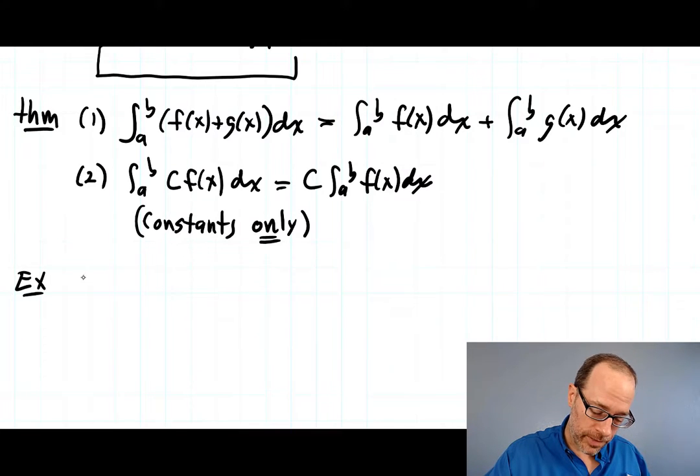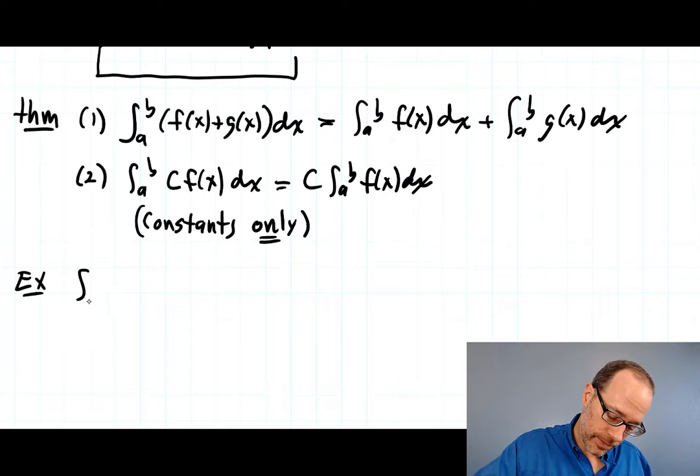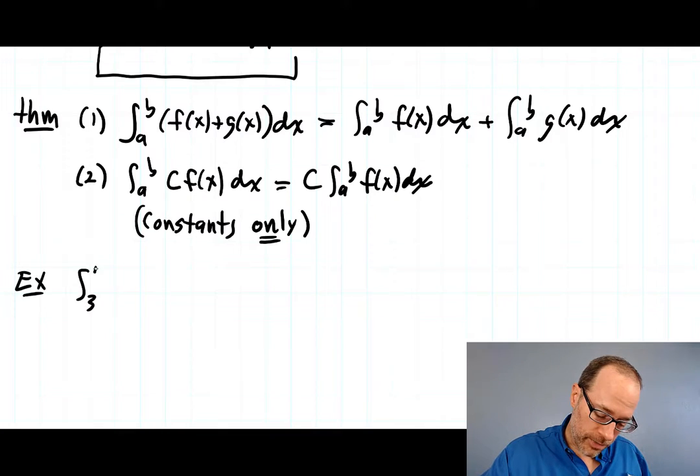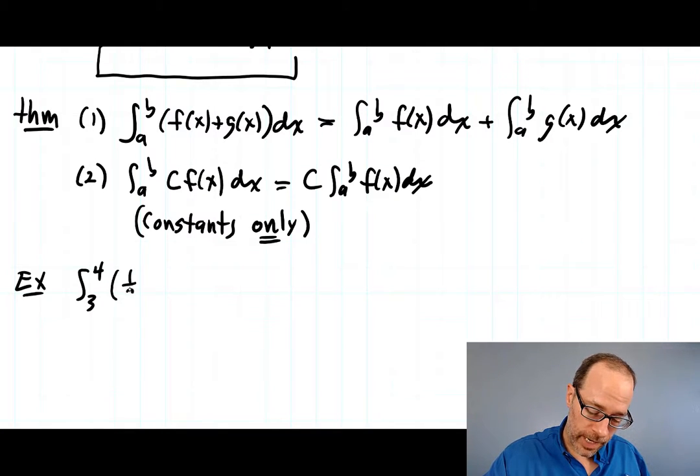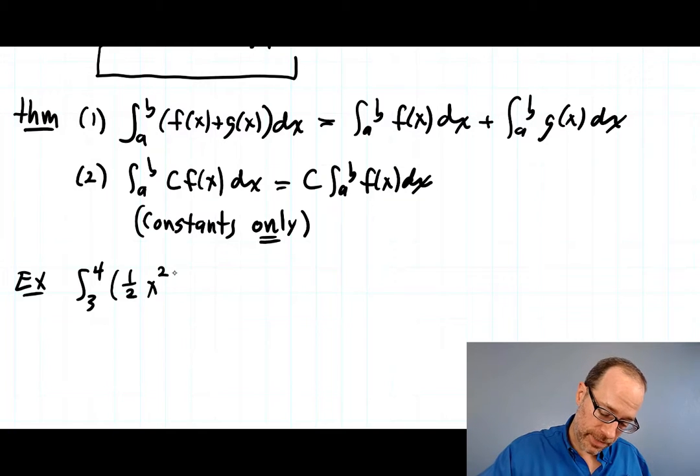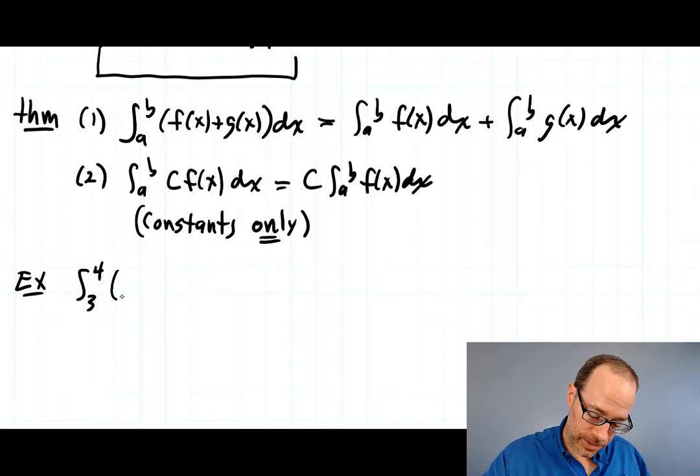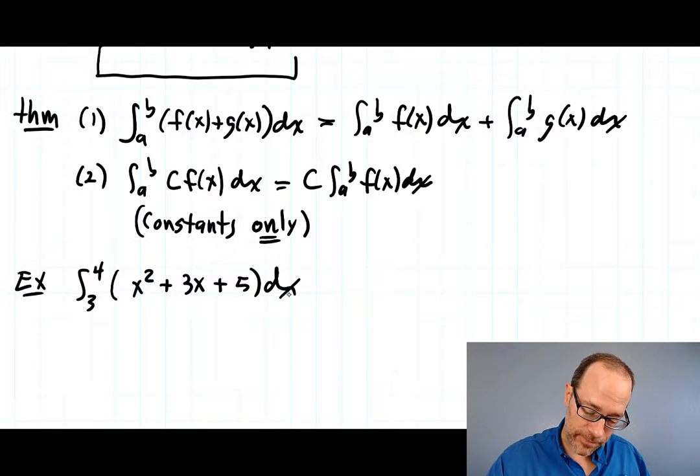For example, the integral from 3 to 4 of x squared plus 3x plus 5 dx.